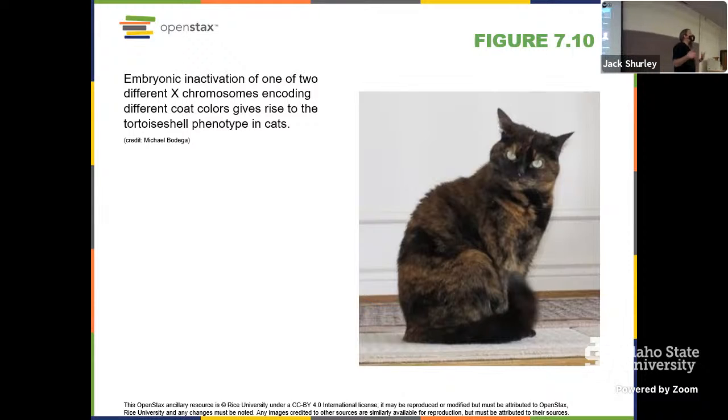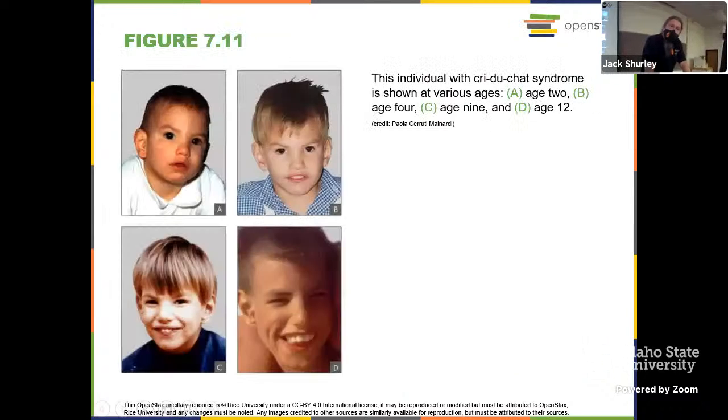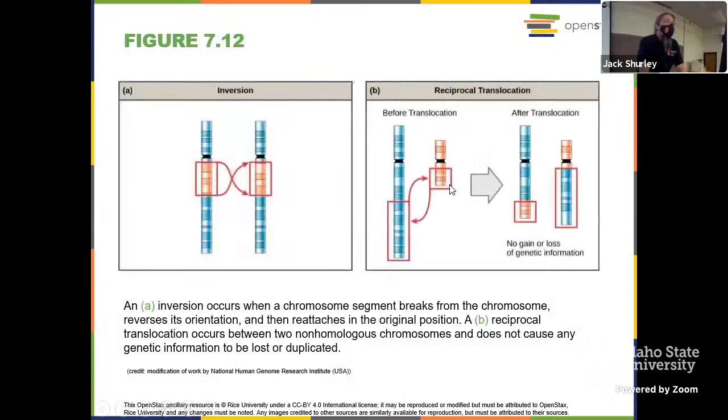And through non-disjunction, he could have contributed normal sperm, right? Or not, right? And if it's only in those chromosomes, the sex chromosomes, again, you're viable, all right? It's the others that's more of a concern. Really pretty crazy.